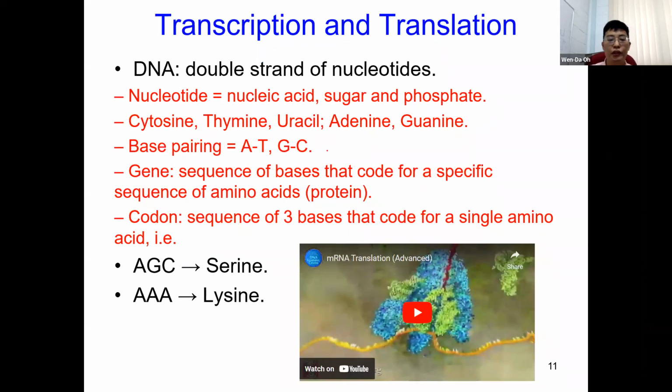Okay, just to brief you a bit on the structure of DNA. DNA is a double strand of nucleotides. These are the different kinds of nucleotide bases that you can have: cytosine, thymine, uracil, adenine, guanine. They are arranged in a sequence.